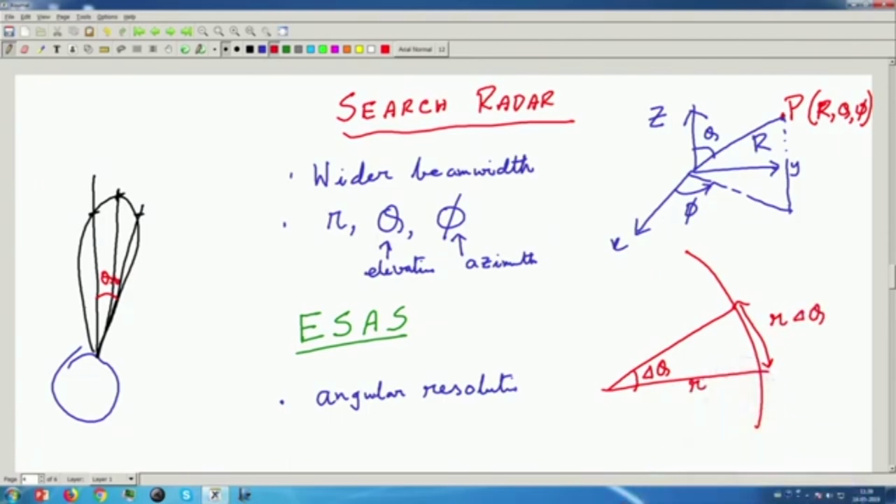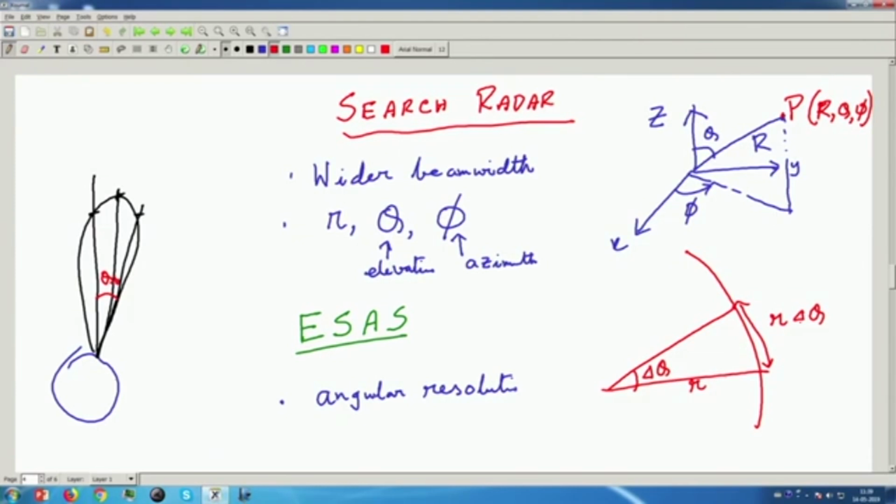In this case my r is very large, so a small error here will give a large error in position. That is why the tracking radar will have resolution several orders of magnitude less than the beam width of the antenna.